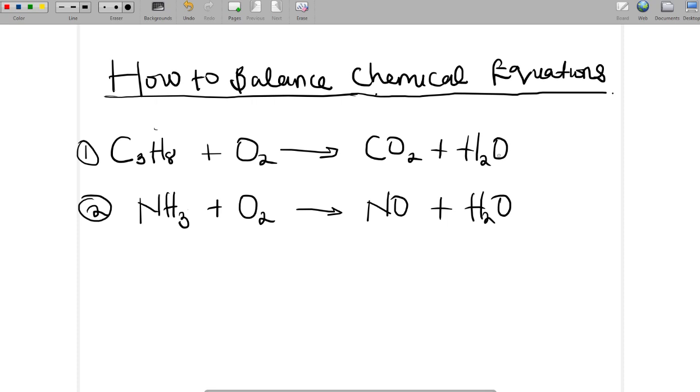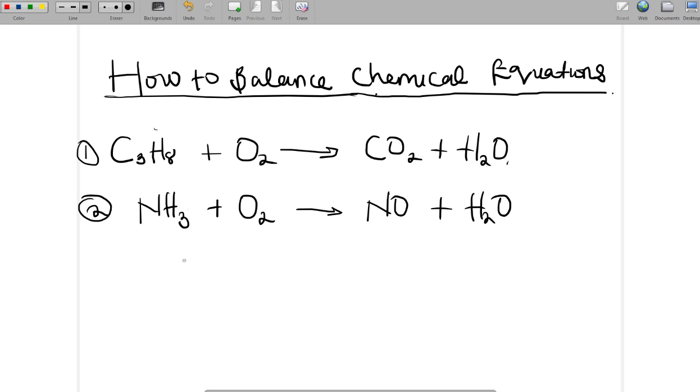So we have 2 plus 1, that makes 3. How about the hydrogen? We only have 2 hydrogen atoms on the right, but 8 on the left. What do we do and how do we balance this?